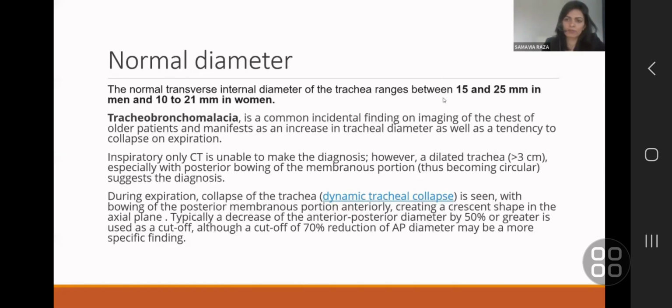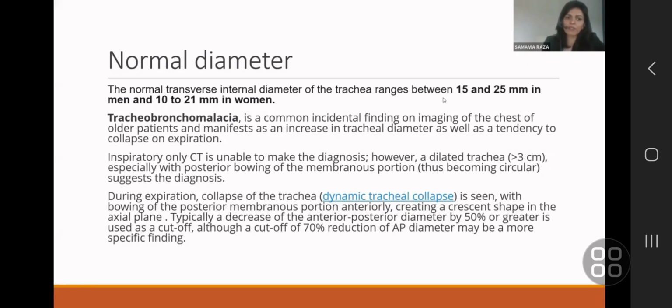Being dilated is the most common appearance. So the older patients you see on CT, you'll start noticing that the trachea are quite big. If they have managed to take a big breath in or a normal breath in, the trachea looks quite prominent. If they are thin, it looks even more striking. So if you see in a good inspiratory CT and you say, oh, it's 31 millimeter, it's a dilated trachea, the patient has tracheomalacia, is that the right thing to do?